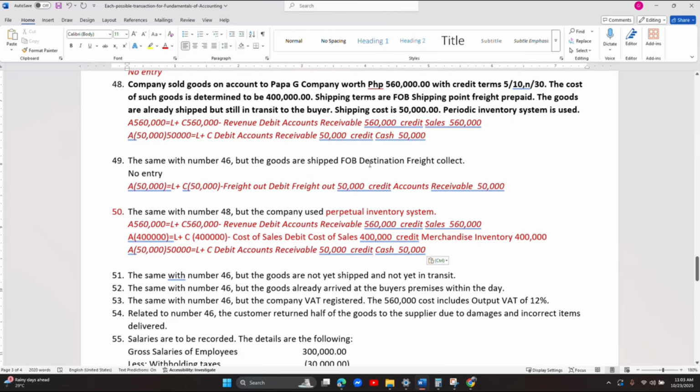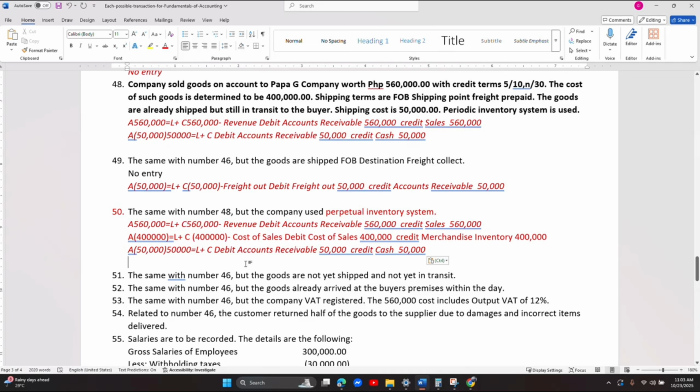And of course, since that is not your responsibility supposedly, because it's the customer's, because it's shipped FOB shipping point, you're going to add also your asset, accounts receivable from such customer. Okay? So credit cash, debit accounts receivable. So that's the analysis for number 48.